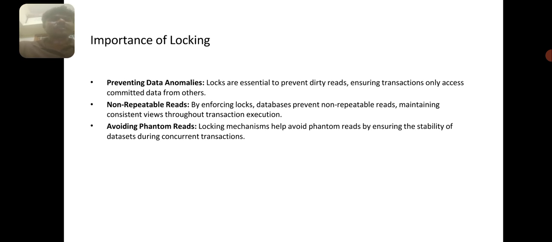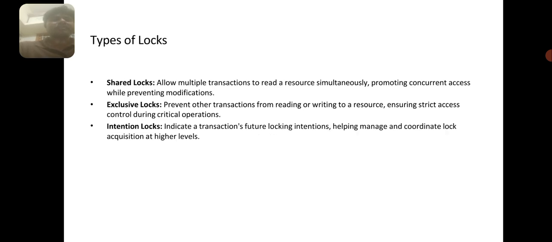For non-repeatable reads, by enforcing locks the database maintains consistent views and throughput of transaction execution. And avoiding phantom reads helps ensure the stability of the data set during concurrent transactions.